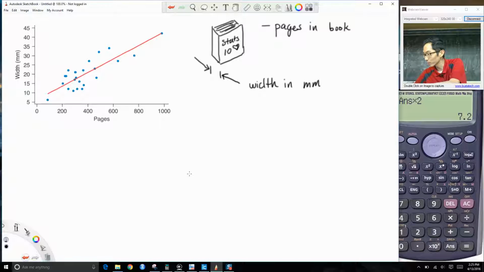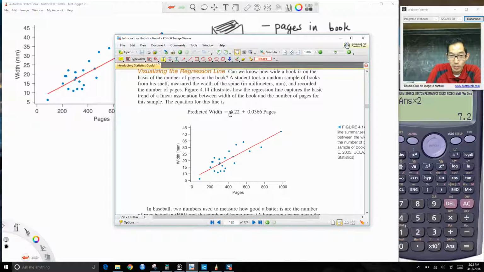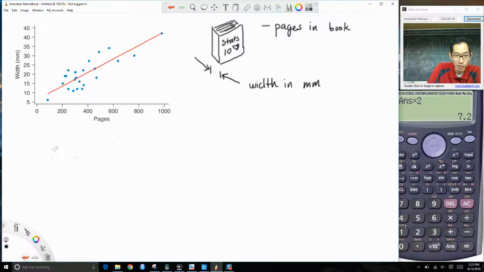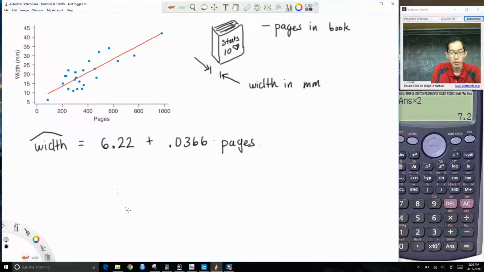It says width is equal to 6.22 plus 0.0366 times pages. So we'll try our first clicker question of the day.